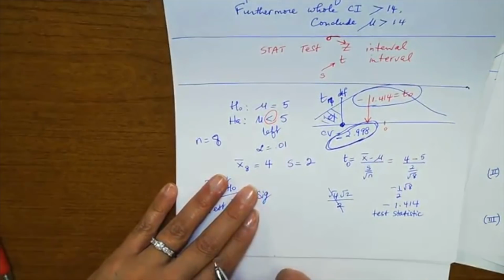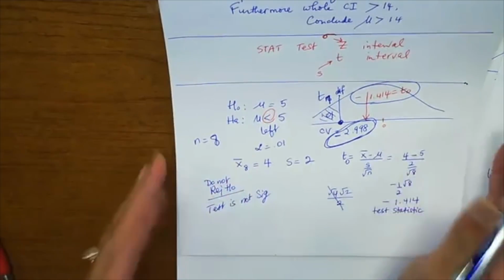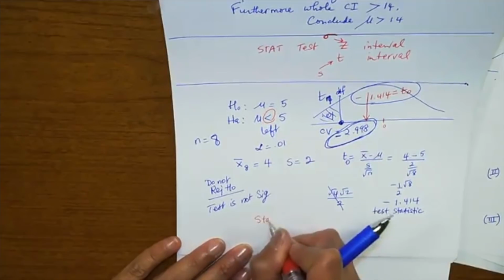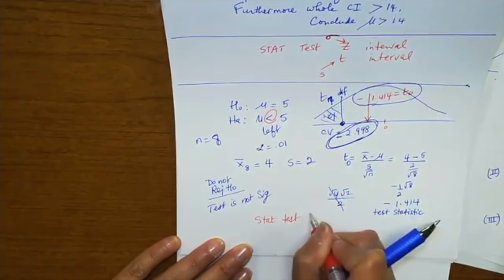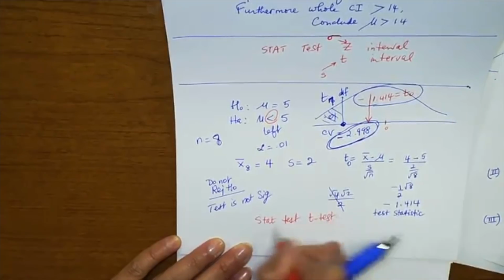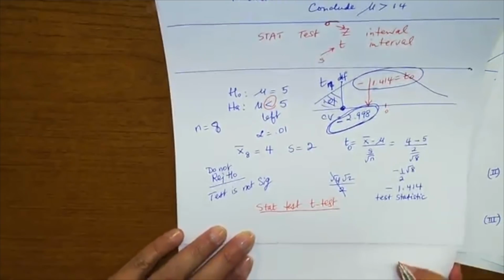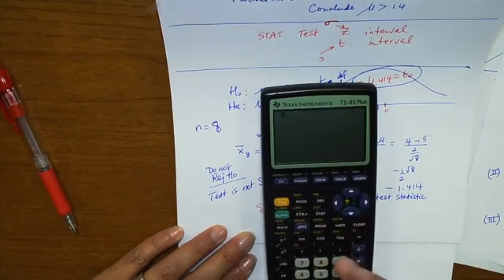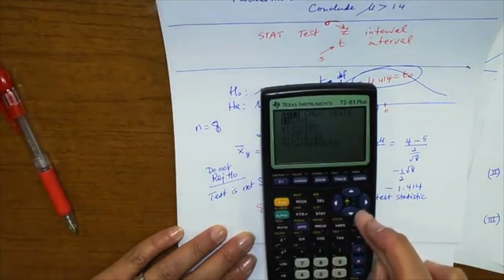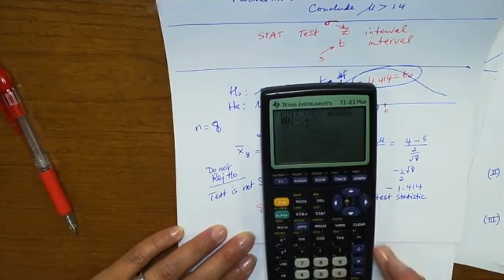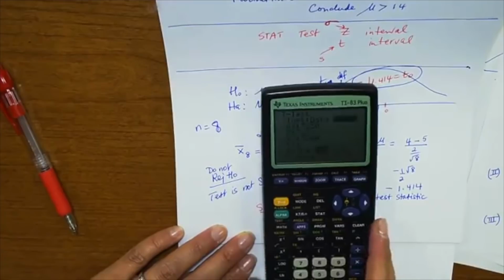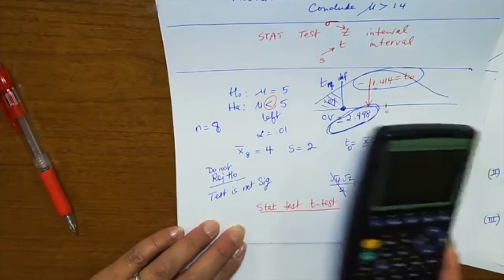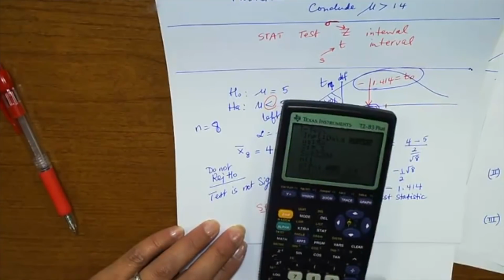Get it? This whole thing could have been done by doing stat test t-test. Let's do it. Stat test, t-test. Data or stats? Stats. Mu naught equals 5.